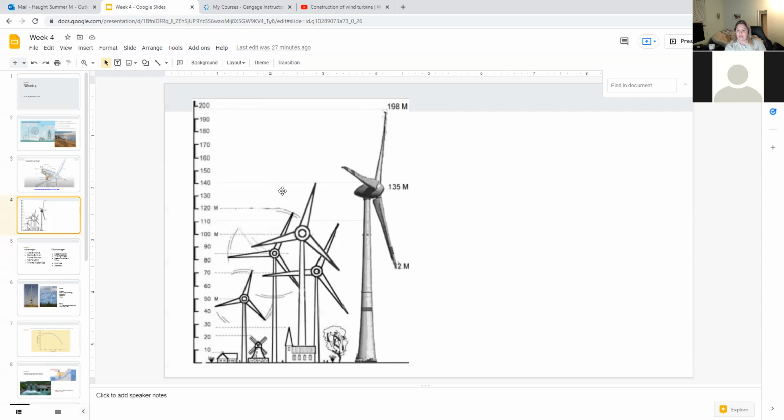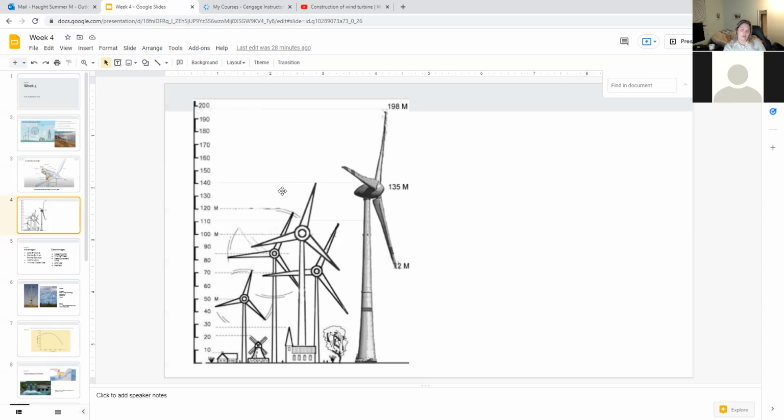The problem is the actual creation of these and the transportation of these to remote areas where they're most beneficial. That in itself uses a lot of gas, right, with the trucks, and it uses a lot of material that uses a lot of water and energy to create. So I think that is a huge issue with wind turbines.